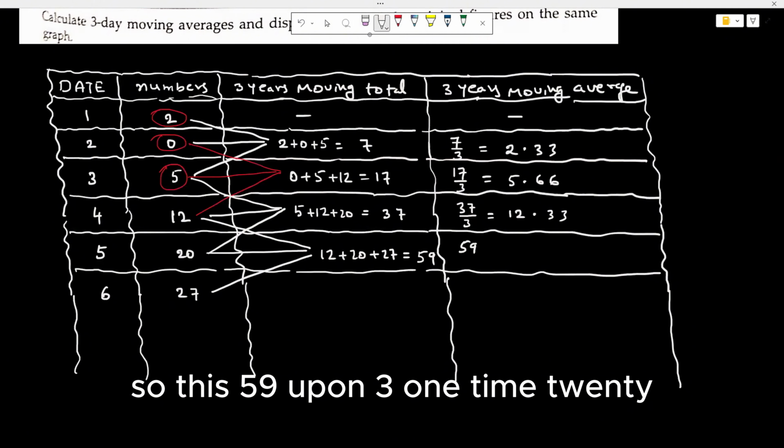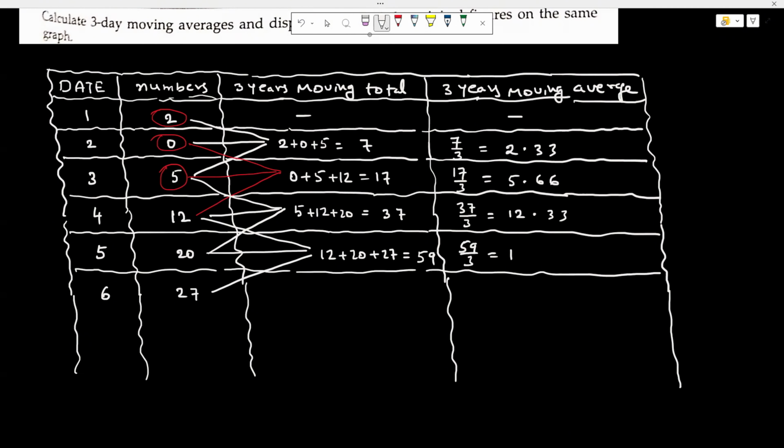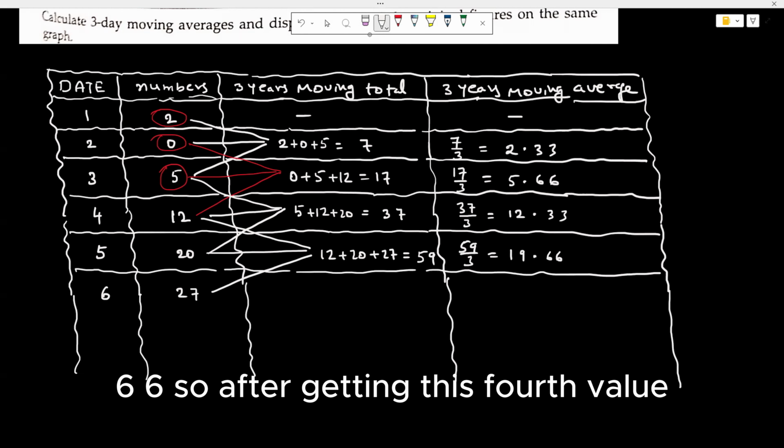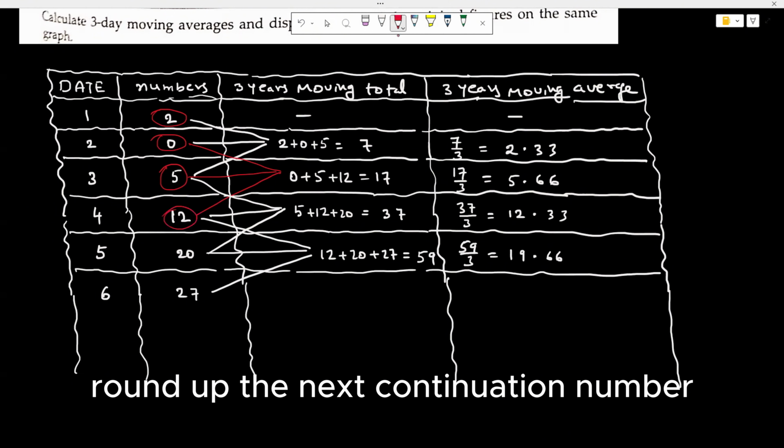This 59 upon 3 is 19.66. After getting this fourth value, round up the next continuation number.